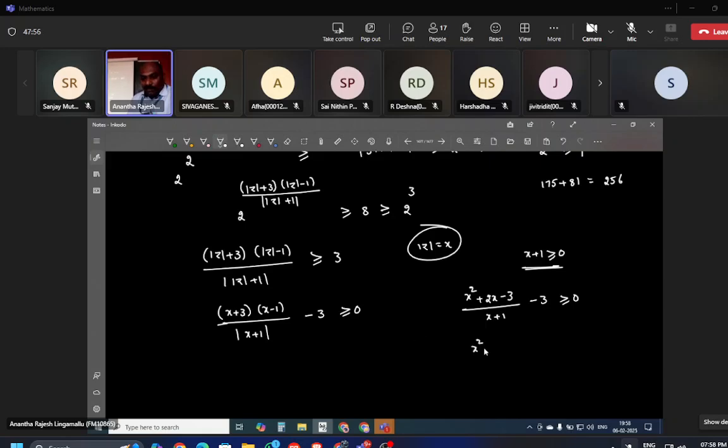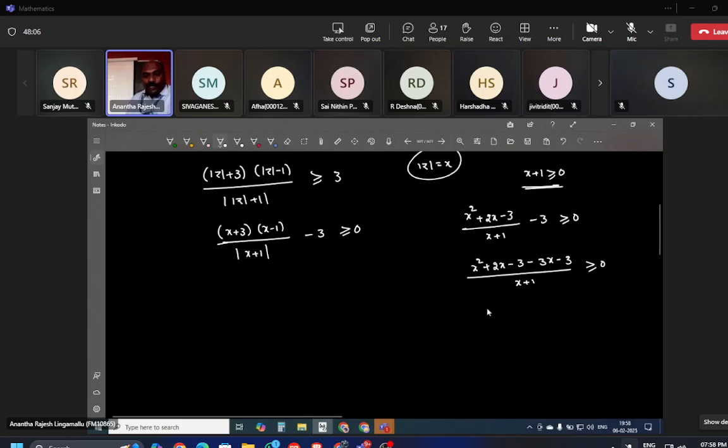So x square plus 2x minus 3 minus 3x minus 3 by x plus 1 greater than or equal to 0. That implies x square minus x minus 6 by x plus 1 greater than or equal to 0. Factors: x minus 3 into x plus 2 by x plus 1 greater than or equal to 0.